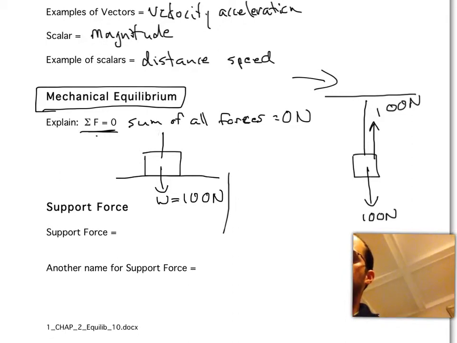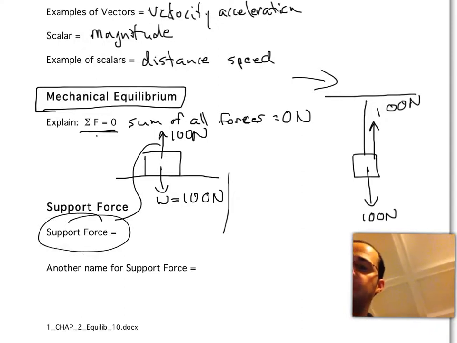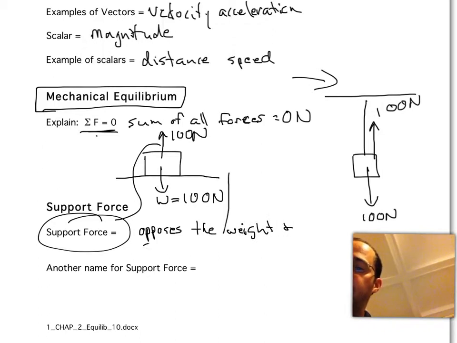So we need another force going this way, also of 100 newtons. That force, provided by a surface, is the support force. The support force opposes gravity, opposes the weight of the object, and supports that object.